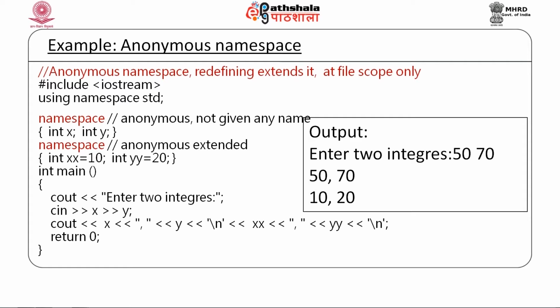What will happen if we have variables with the same name in global scope or local scope? Again I am reminding you, the same name in the namespace scope will not raise the problem of redefinition, but while accessing, the ambiguity may arise.